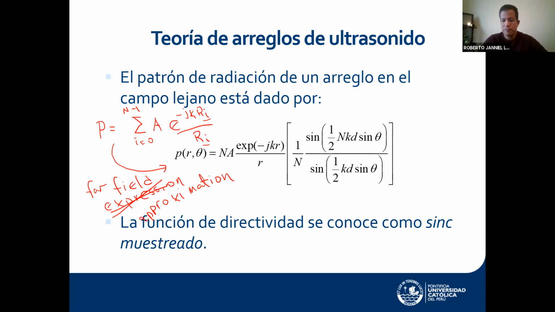The pressure as a function of R and the angle theta, which is the angle that it would make relative to the x-axis in the xy plane, would be given by N, which is the number of sources, times A, which is the strength at which each one of the sources is radiating, times e^(-jkr) divided by r, which is just the radiation of a point source.